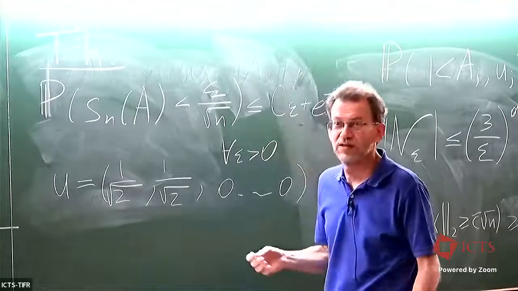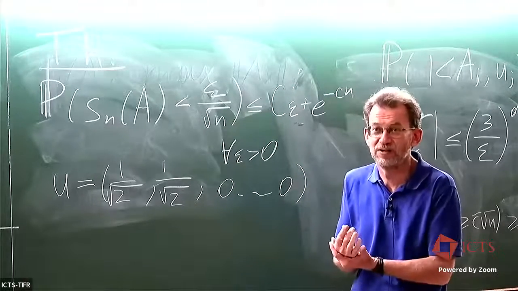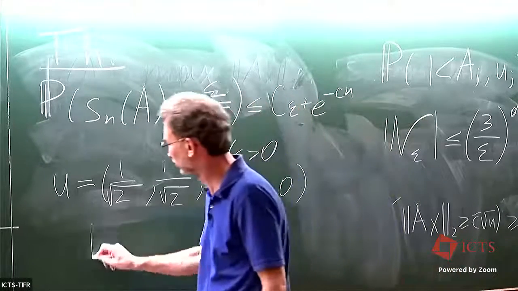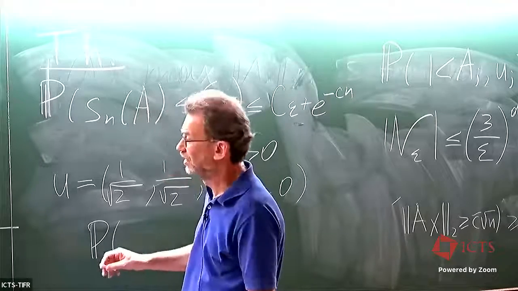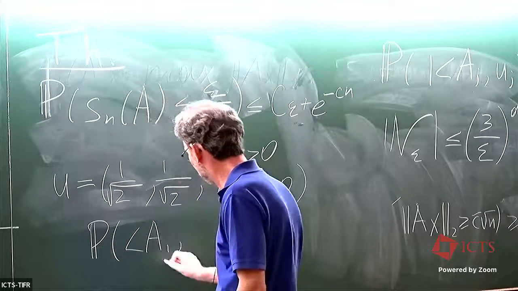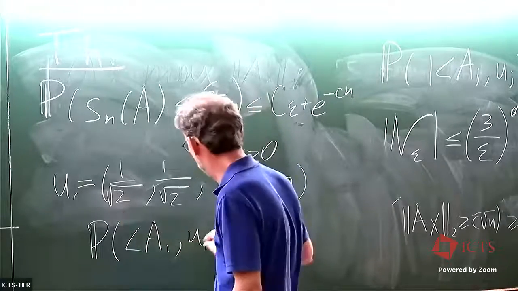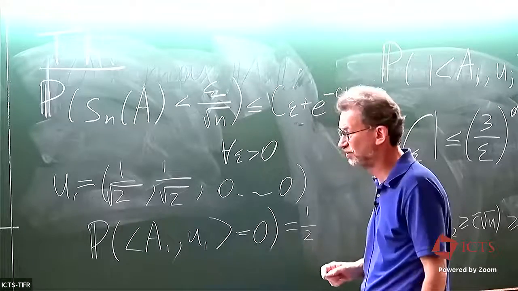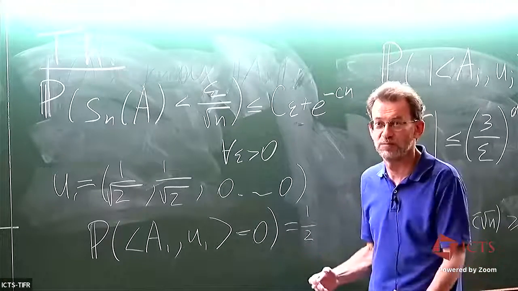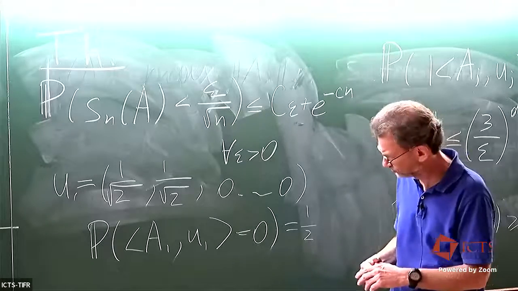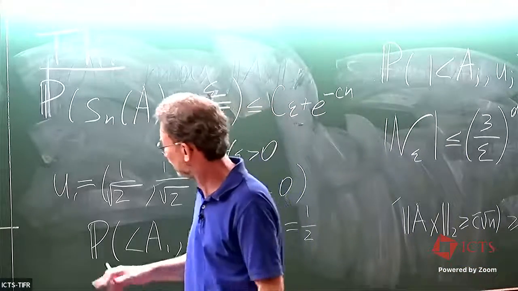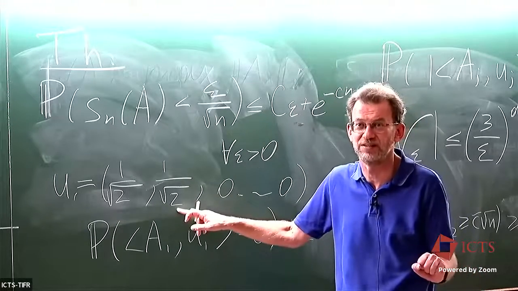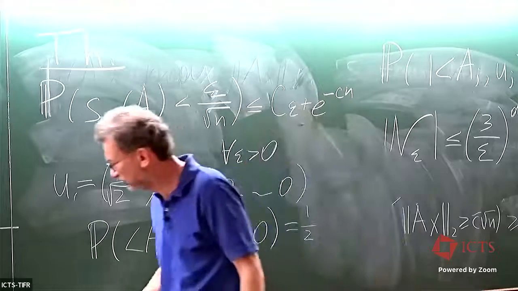Then, if we sum up two independent Bernoullis, the probability that this inner product is just 0 is 1/2. And so I cannot push epsilon below 1/2. This is not a big deal. This vector is sparse, and the sparse vectors are already trivial. So this problem is not serious.